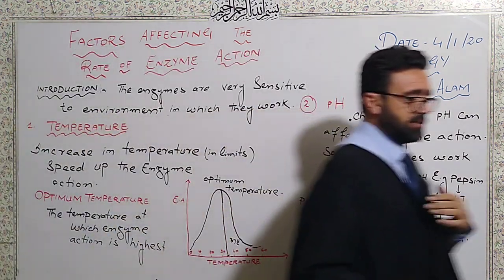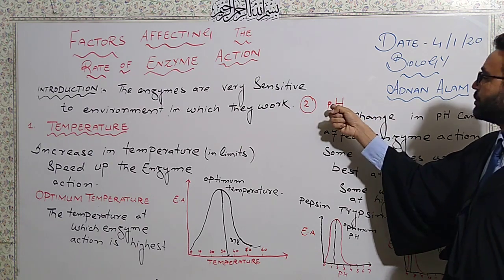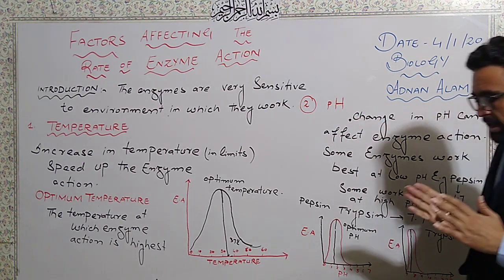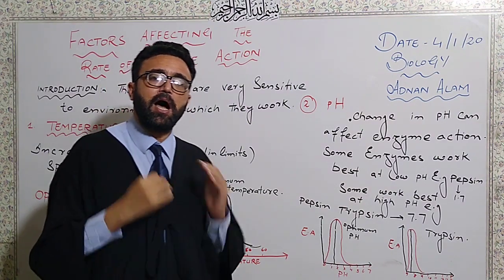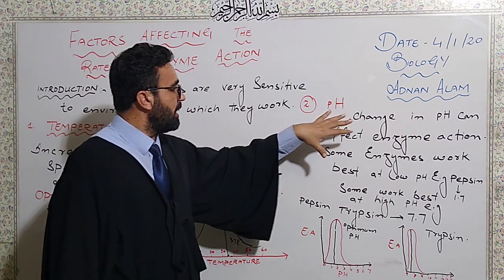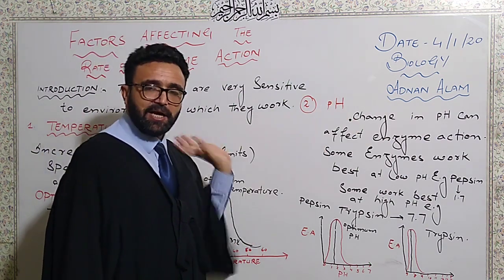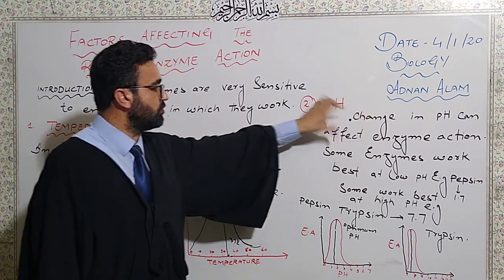Next is the pH. All of you know very well that this is the potential of hydrogen, and low pH means acidity and high pH means a basic property. Just like temperature, enzymes are also sensitive to pH.